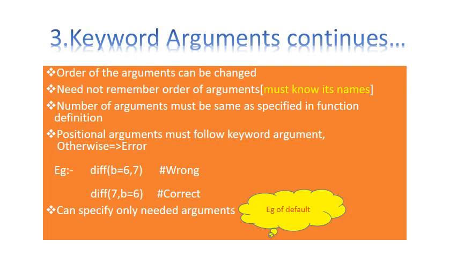Now you have to recall the points which I have told you earlier. The order of the arguments can be changed with the support of keywords. In this particular method, you need not remember their positions, their order in the function definition, but you must know their name.